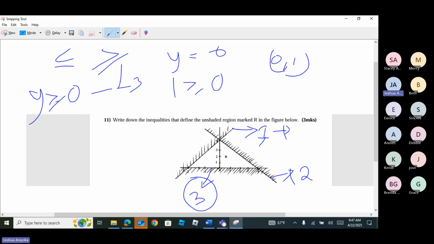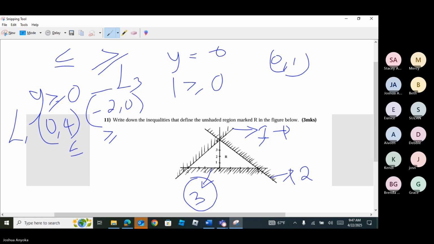I'll give you another one. Line 1. Line 1 is passing through 0, 4 and negative 2, 0. Line 1 is continuous, less than or equals to, greater than or equals to.